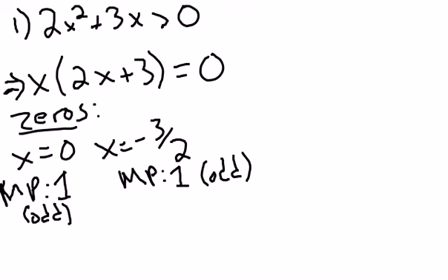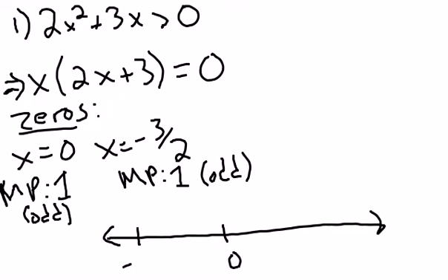So I'm going to go ahead and set up my number line here to make my sign chart with 0 and negative 3 halves. And because of the multiplicity, I'm going to go ahead and make a note that both of these result in a sign change.